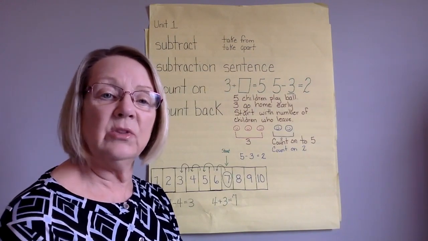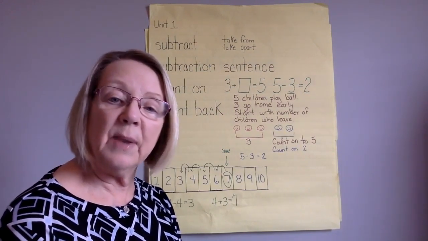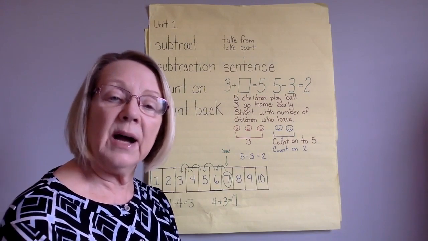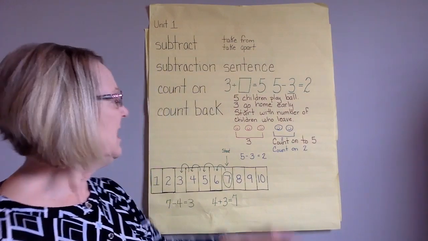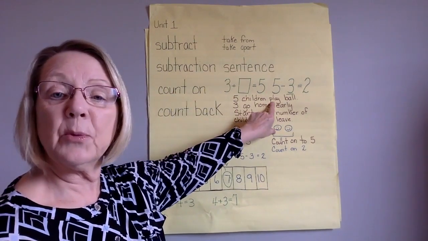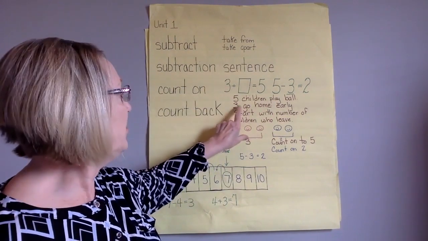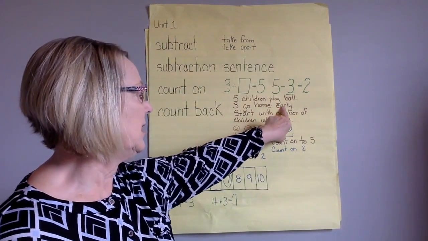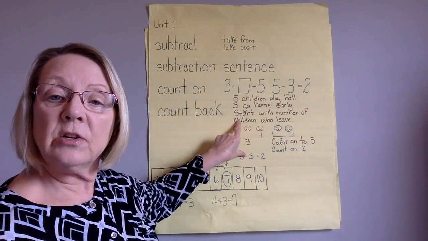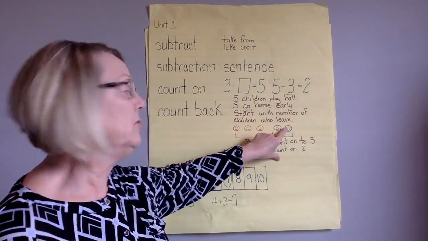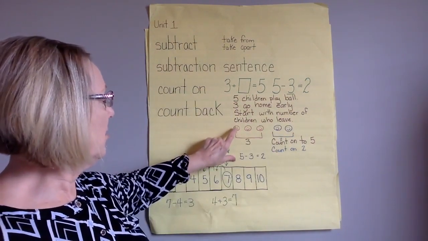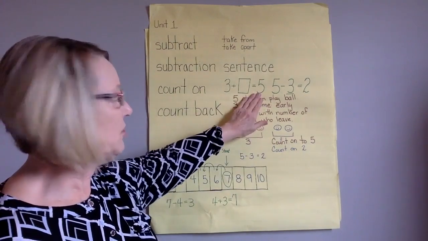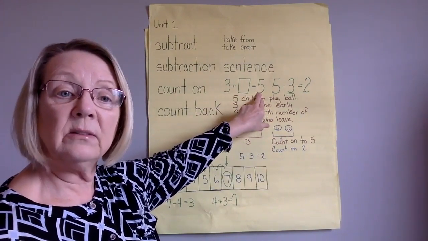And I can do that by counting back to figure out my answer. Say that I have 5 children that are playing ball. 3 go home early. So you start with the number of children who leave. Okay, 3 go home early. We knew we had 5 children total, right?